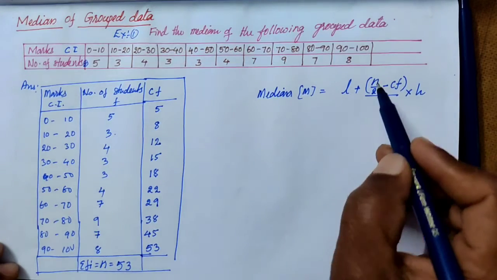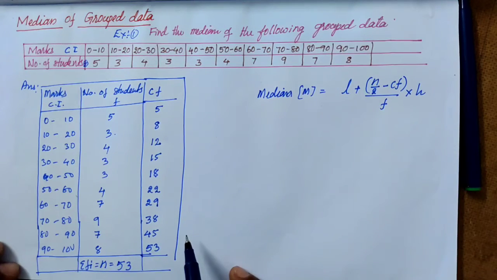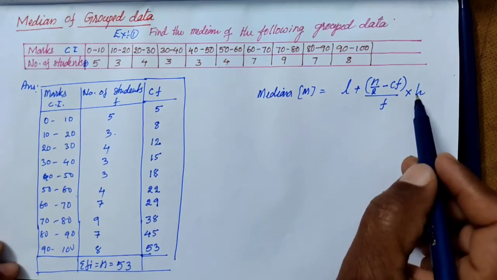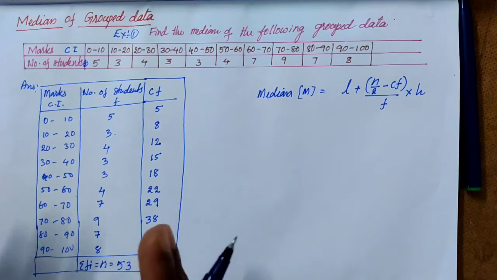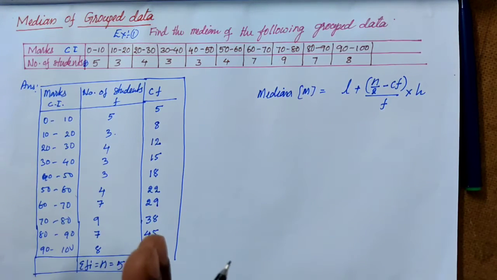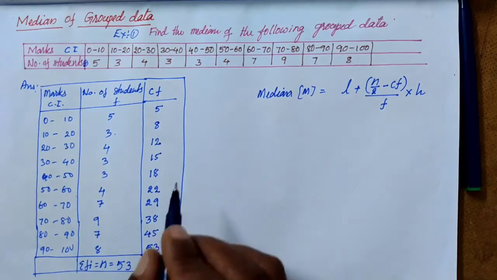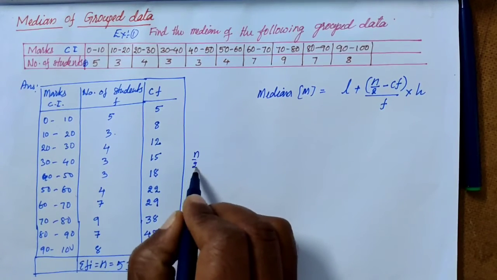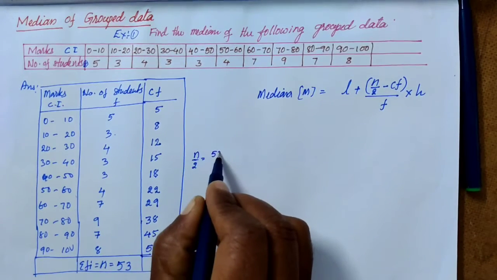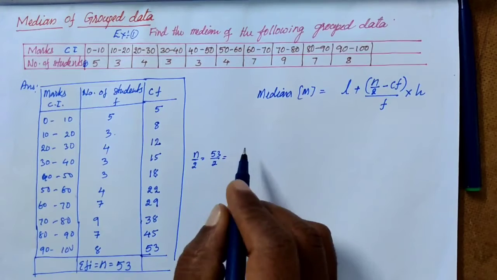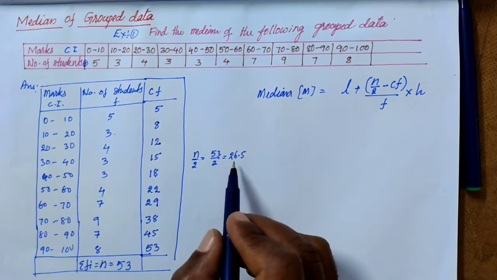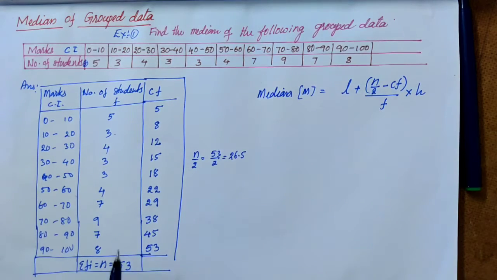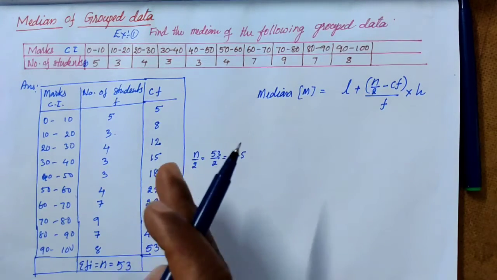Now we have to find L, F, Cf and h. Among these 53 students, who is the middle? If we divide n by 2, we get 53 by 2 is equal to 26.5. That means among these 53 students, the 27th student is the middle student.